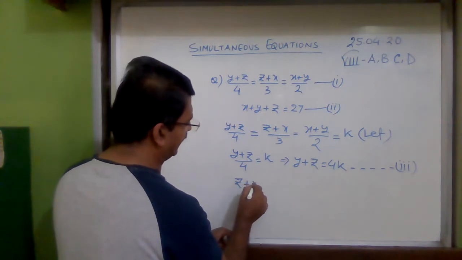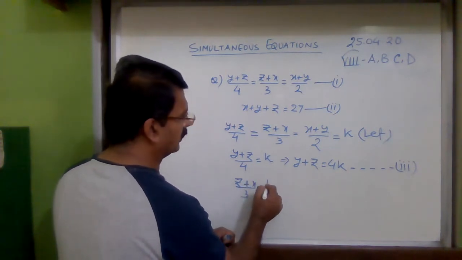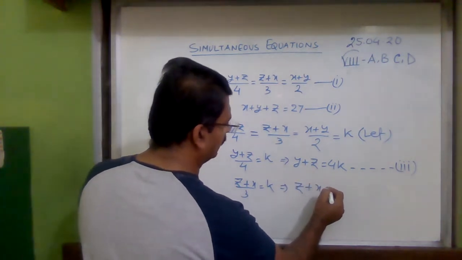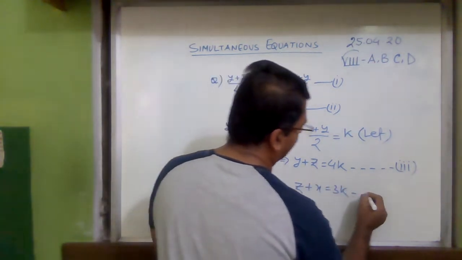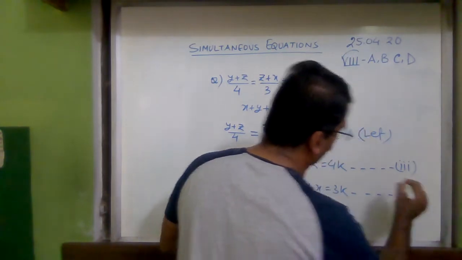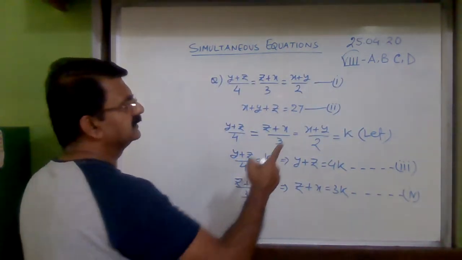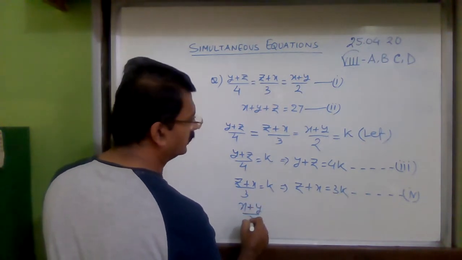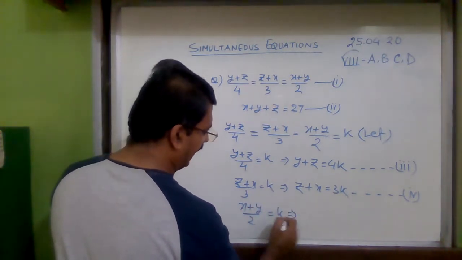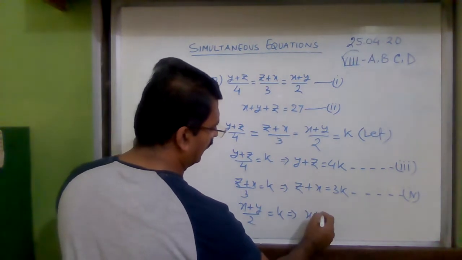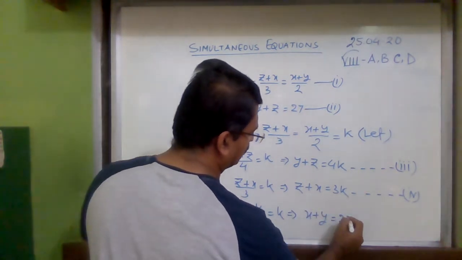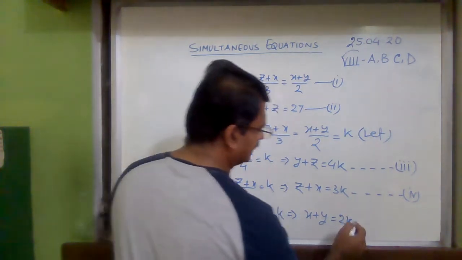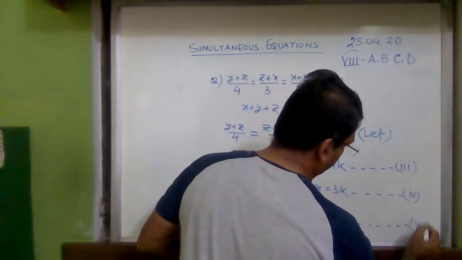So z plus x by 3 is equal to k. Once again cross multiply, then z plus x will be equal to 3k, and this is equation number, say, 4. And then the third part, that is x plus y by 2 is equal to k. Again cross multiply, then you will have x plus y is equal to 2k, and this is your fifth equation.